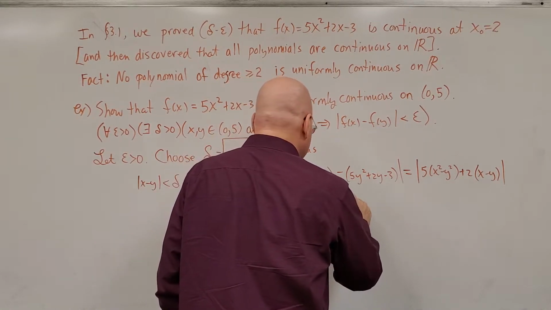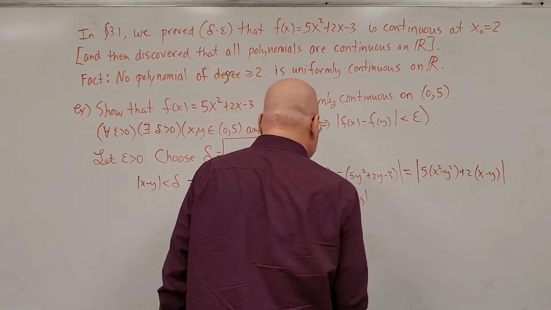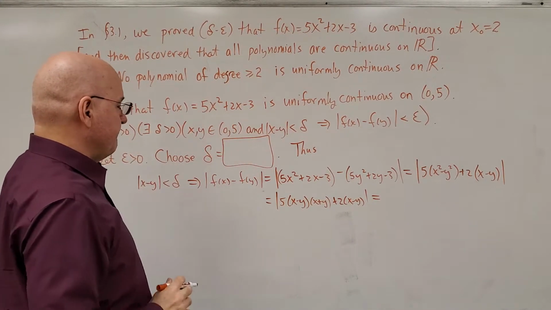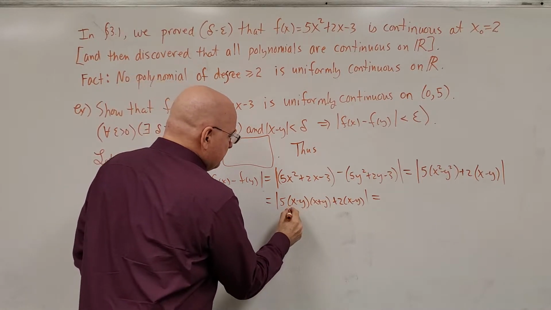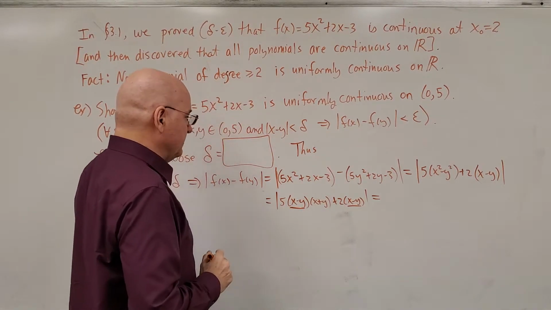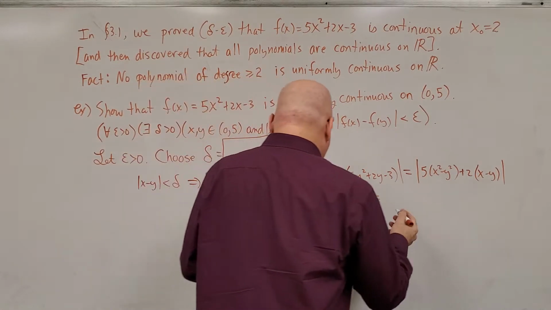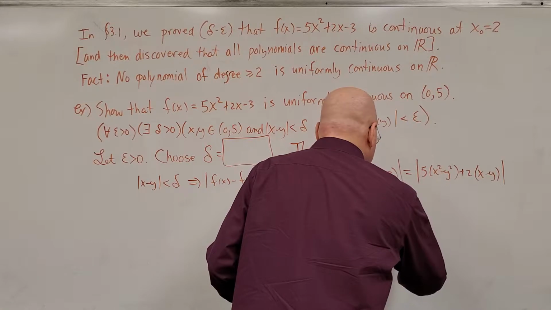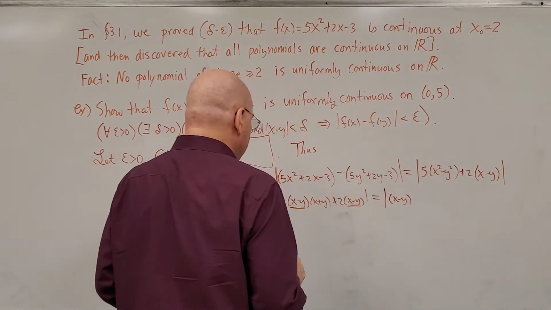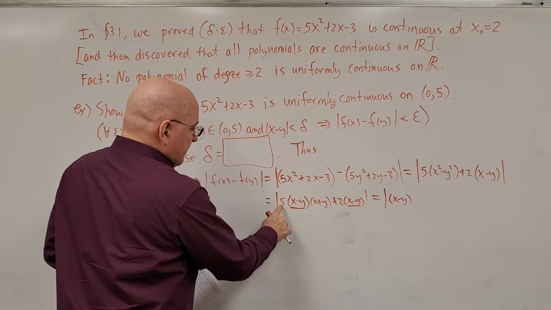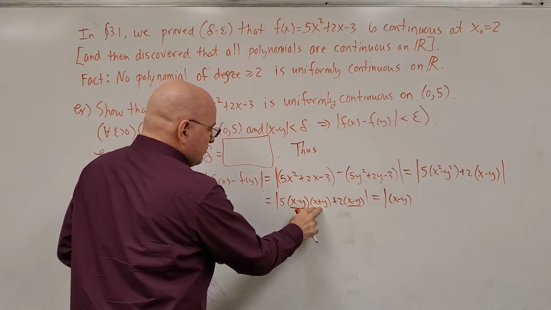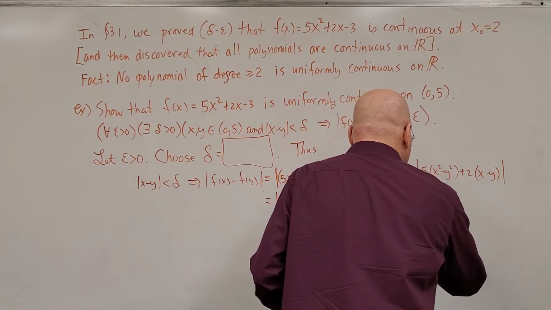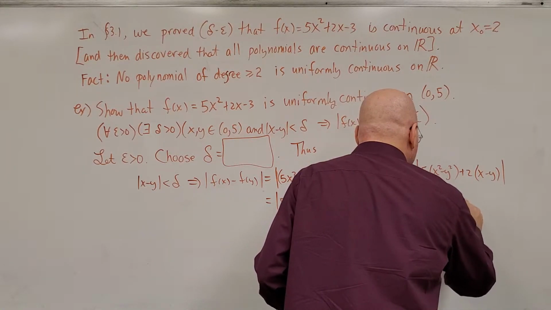Plus 2 times x minus y. And I think I'm going to go one more to the right, and then I'll be able to proceed down. Well, notice that each of these two terms has a common factor, which I'm going to pull out. So in absolute values, I'm pulling out the x minus y, and I'm going to be left with 5 times x plus y, plus 2.